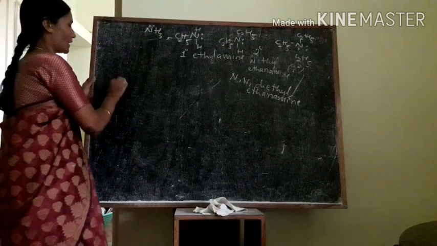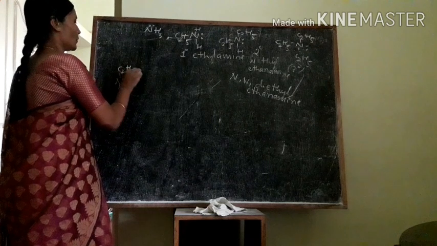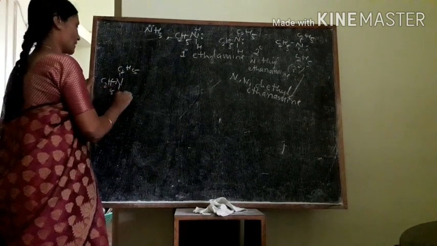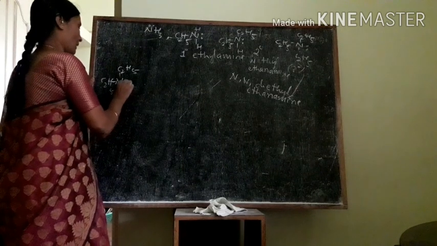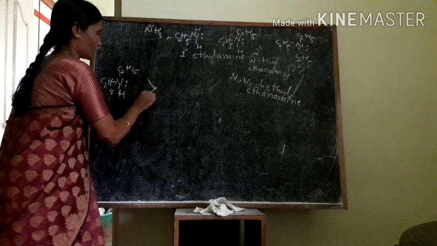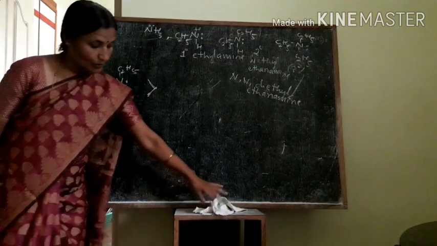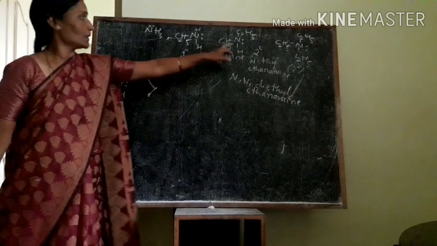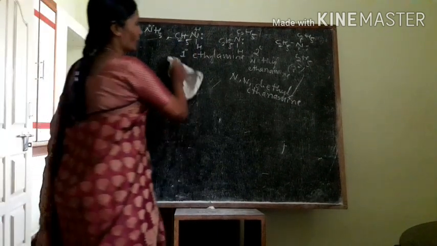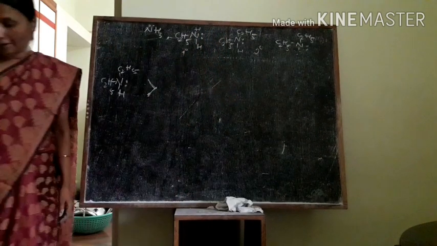Hence I will take that as N, C2H5, and this is H, lone pair of electrons. This is said to be more basic. Okay, so this one is finished. Next, between primary and tertiary, which one is said to be more basic?